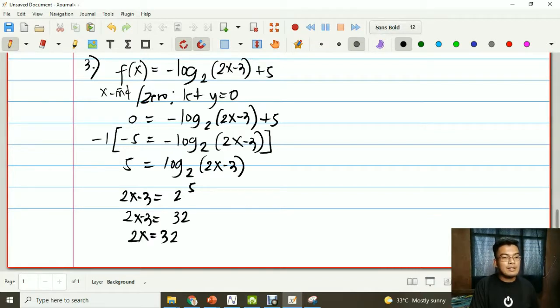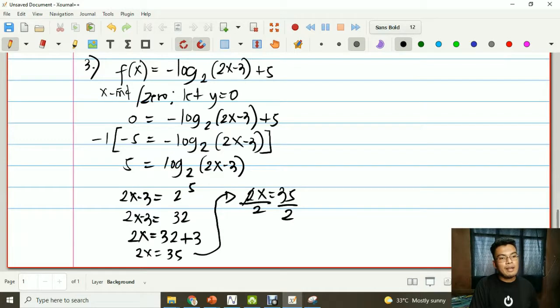This will be 32 plus 3. So 2x is equal to 35. Divide both sides by 2 so that the 2 beside x is removed. So our x-intercept and our zero is 35 over 2.